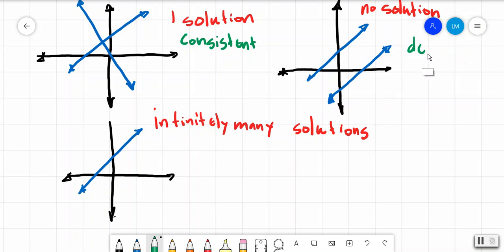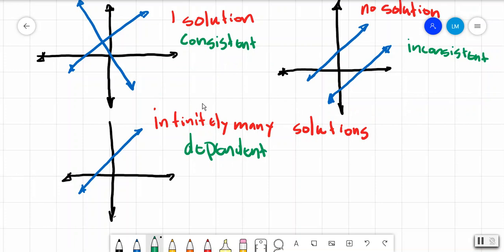This one is the inconsistent. And then this is the dependent system. Okay, so these are the three possibilities that you do have.